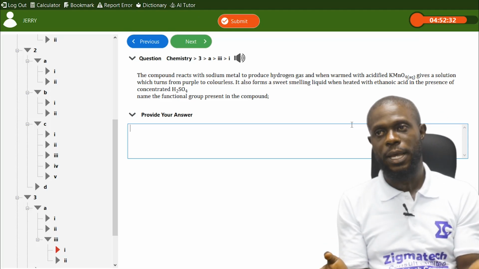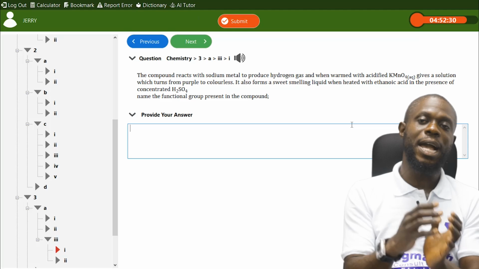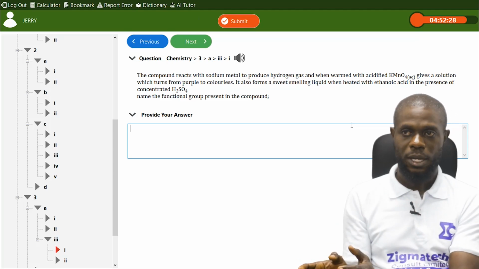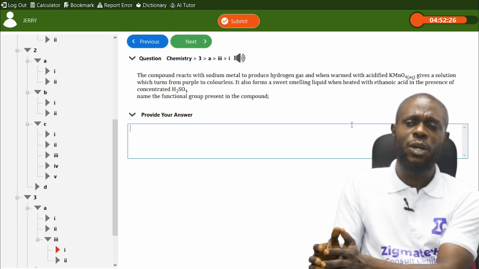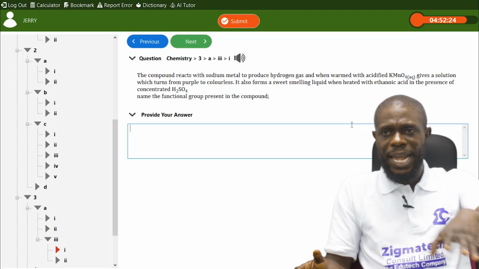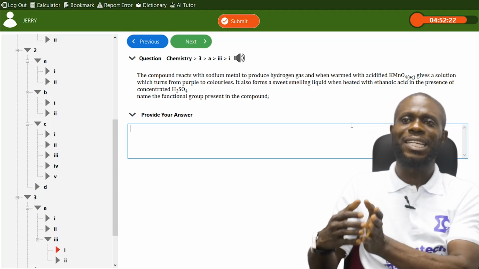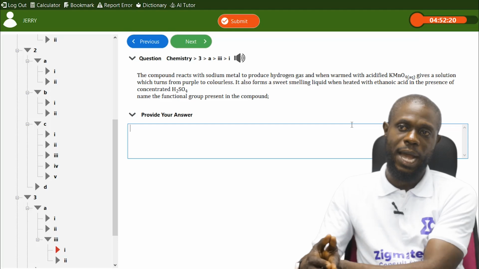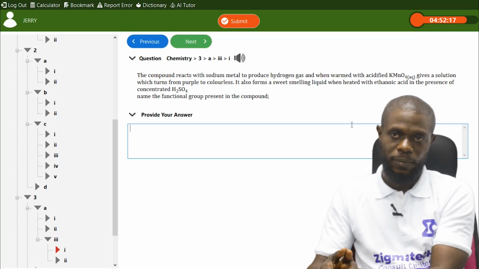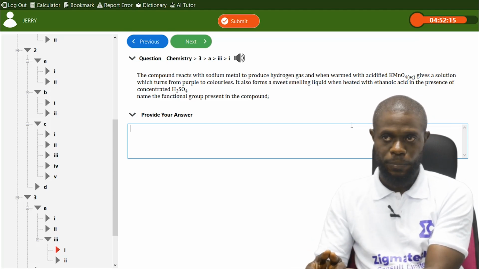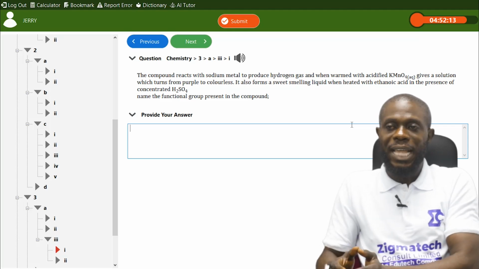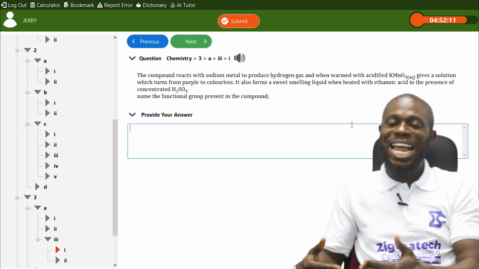According to Bronsted-Lowry, the stronger the base, the weaker the acid. So that means ethanoic acid is the weak acid, because after the reaction, they now said it was reacted when heated with ethanoic acid in the presence of sulfuric acid. So therefore, water now is acting as a base.